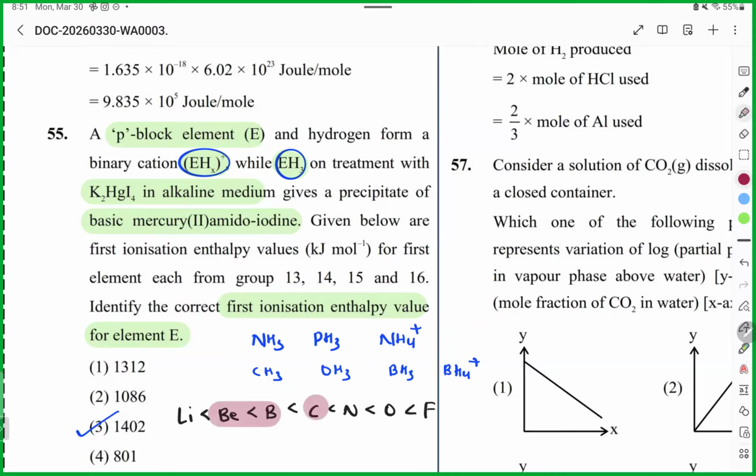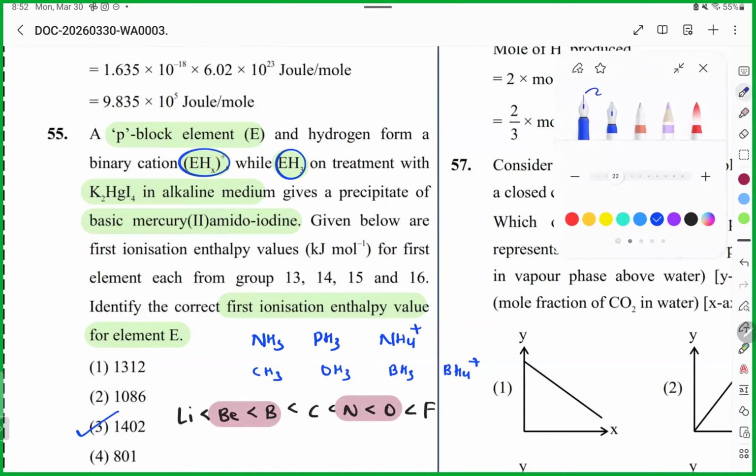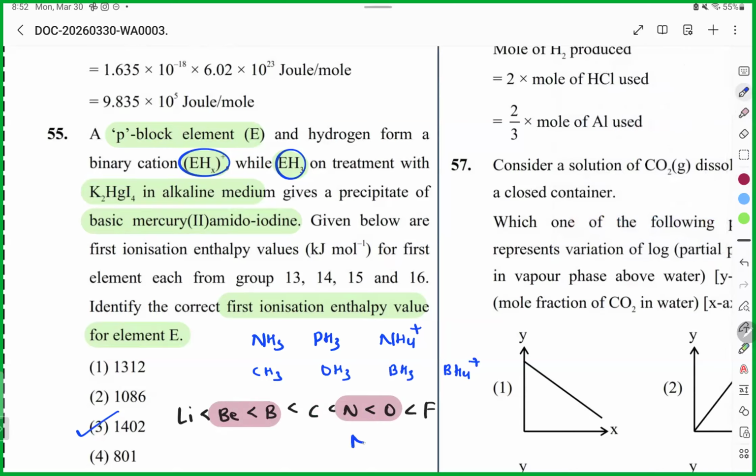One here, second here. Oxygen should have more ionization enthalpy than nitrogen, but nitrogen has more. Same, boron should have more, but beryllium has more.